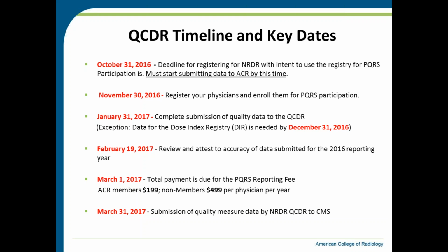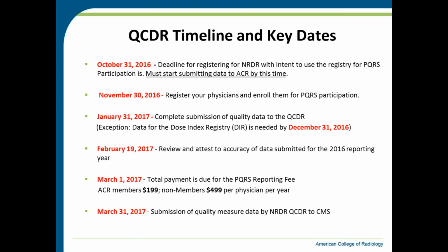The deadlines are here for your reference. I would just recommend, if there's anyone who is using the registries and maybe not doing PQRS participation, the deadline to make the final decision to let us know if you want to use NRDR for PQRS participation is October 31st.